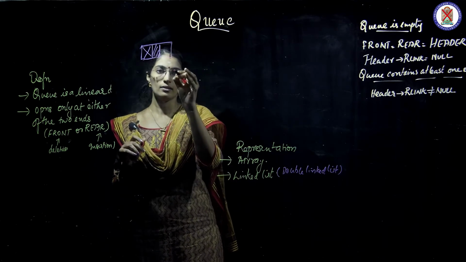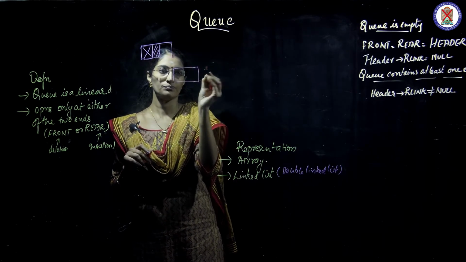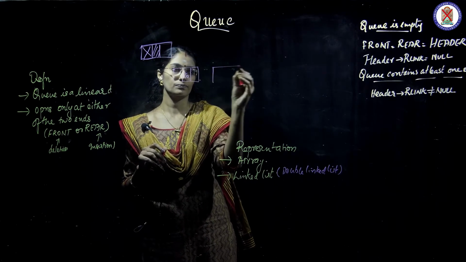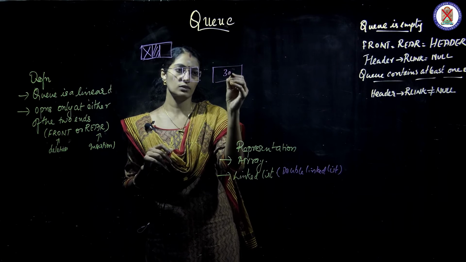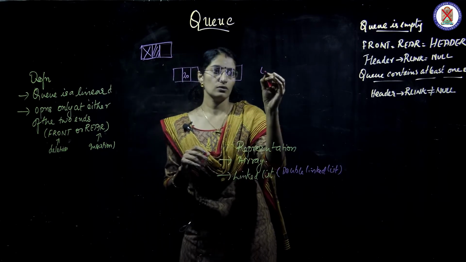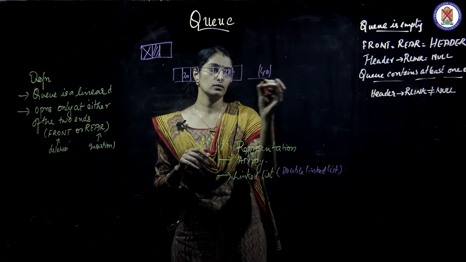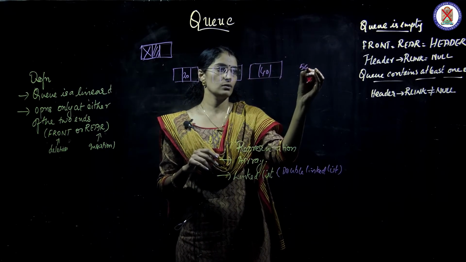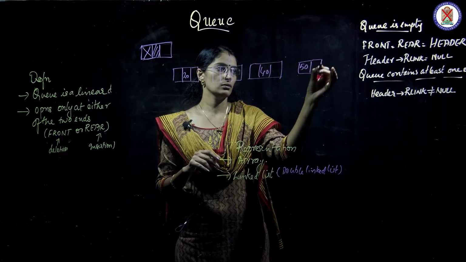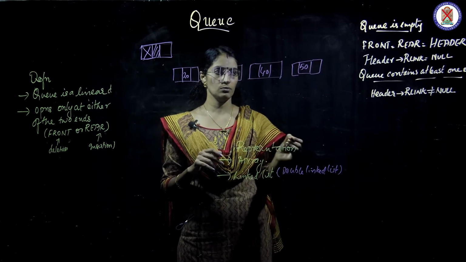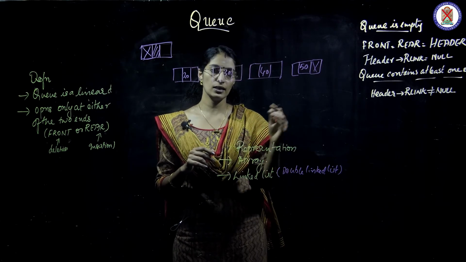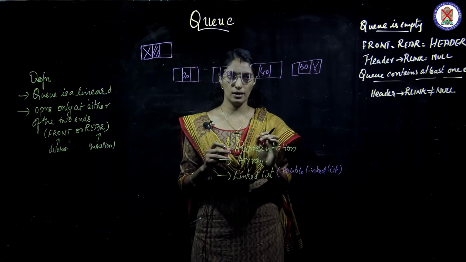Let's stay there. We can draw the other nodes. Suppose 20 is the first element, 30 the second element, 40 the third element, 50 the last element. Since 50 is the last element, its right link is null.